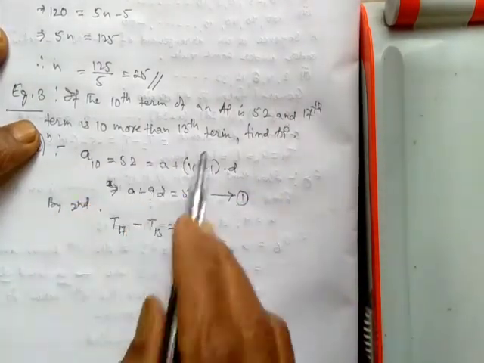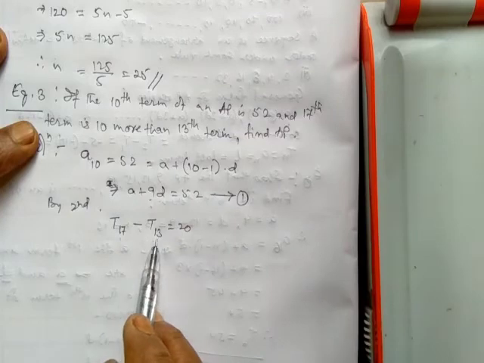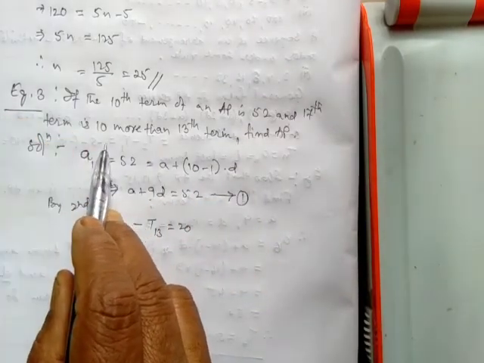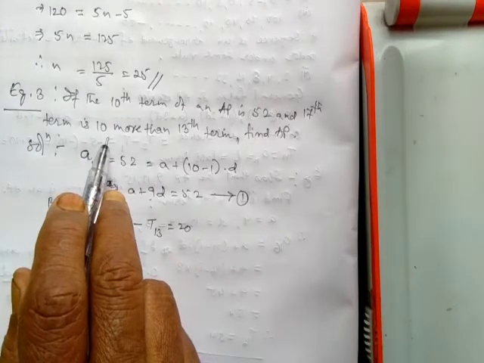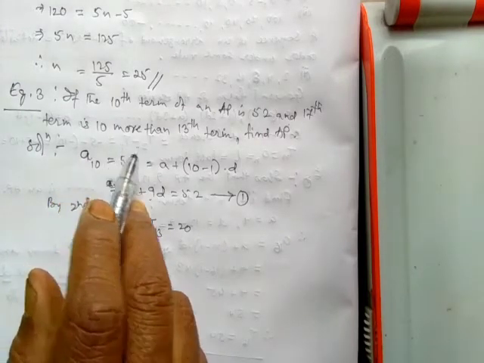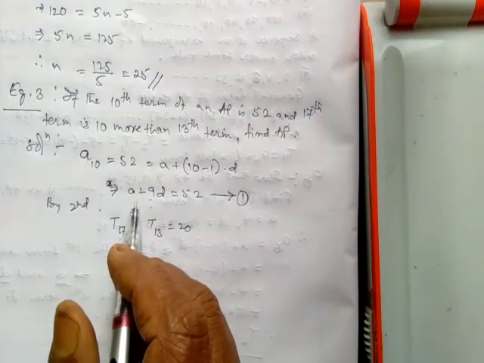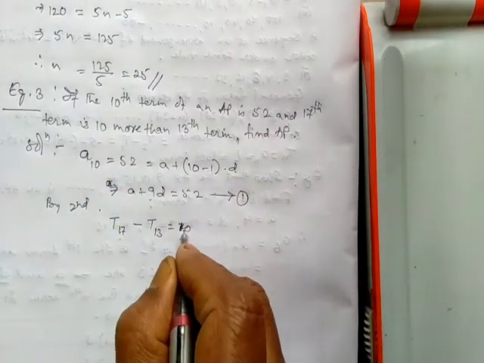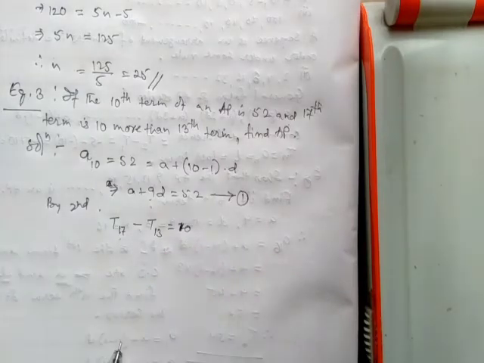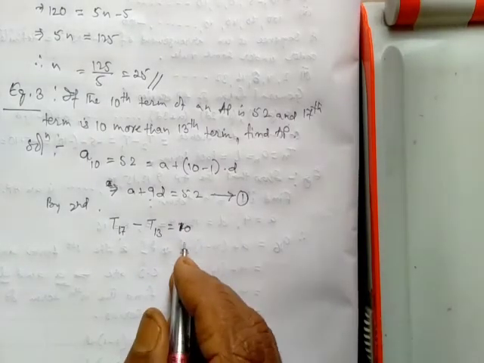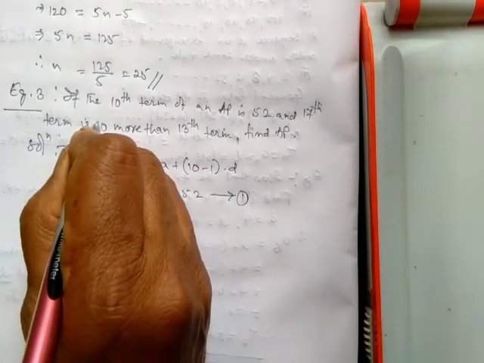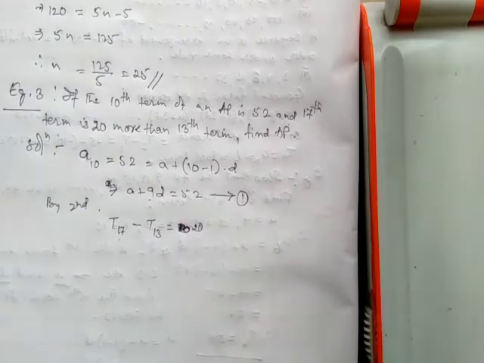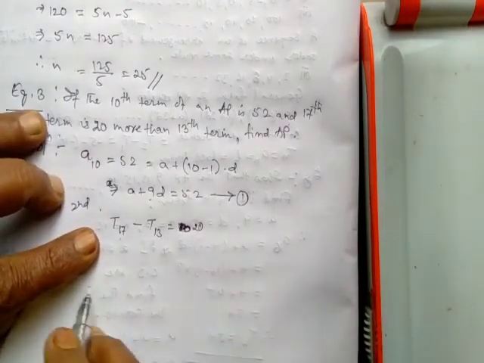The 17th term is 10 more than the 13th term. Okay, I'll do one thing. I will make it 20 and put 20 here, then you will not get confused. So the difference of these two terms is 20.